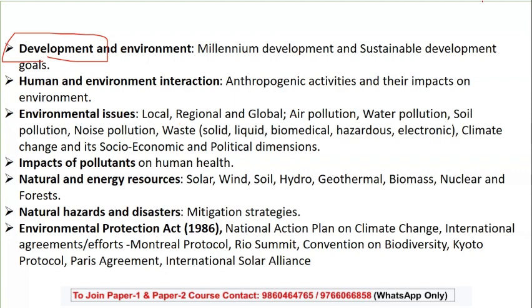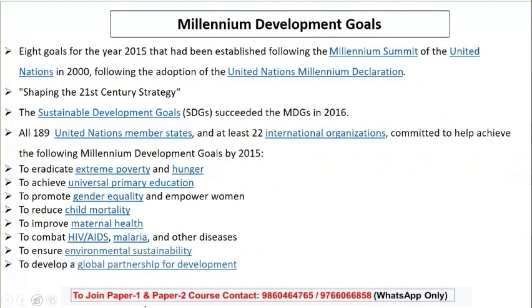So yes, let's start the first session with the Millennium Development Goals, that is your MDG, which is the first topic of your syllabus. So basically there are 8 goals for the year 2015 which have been established in the form of the Millennium Summit of the United Nations, adopted by the United Nations Millennium Declaration, which is also known as the Shaping the 21st Century Strategy.